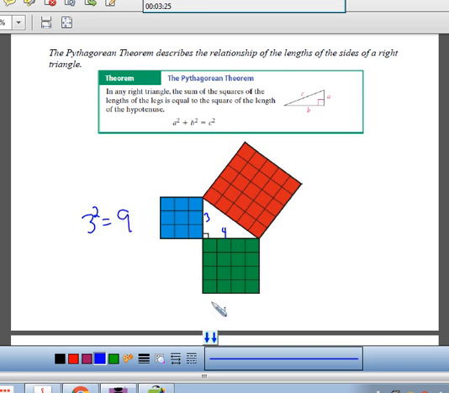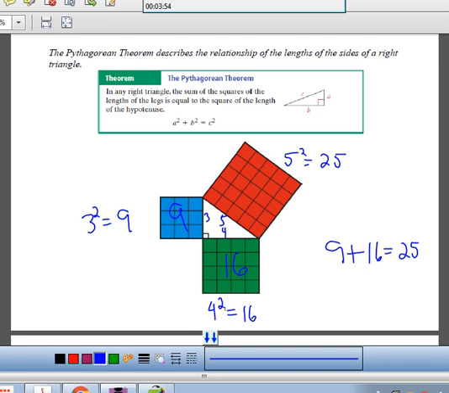If I do 4 squared, I get 16. So I have 16 squares in here, 9 in here. Now, 9 plus 16 is 25. So, what do I have over here? Well, the side length is 5, and 5 squared is 25. So that's this all-powerful theorem or formula.